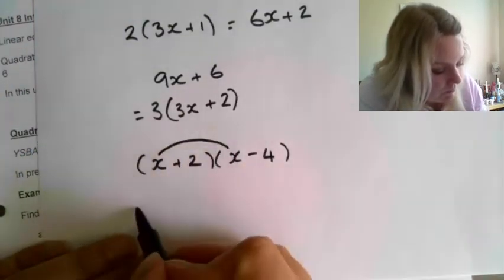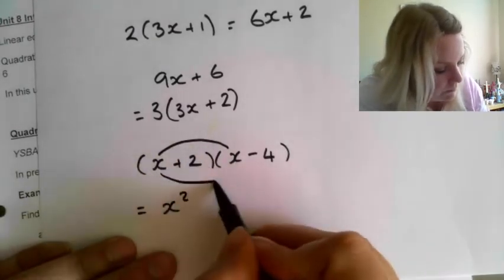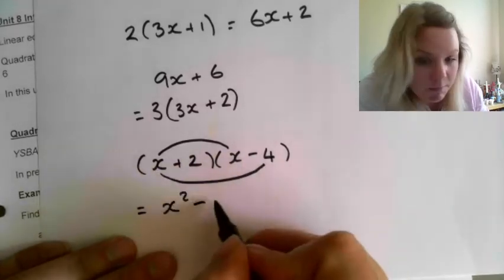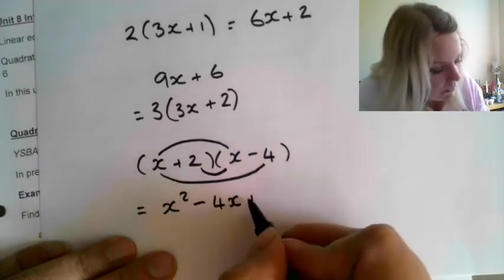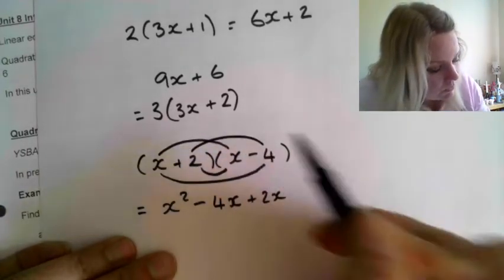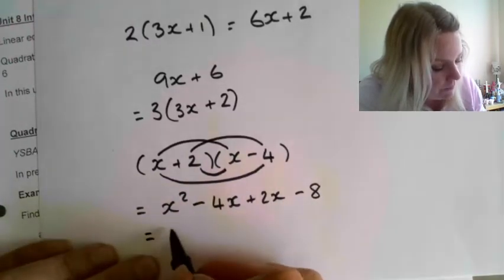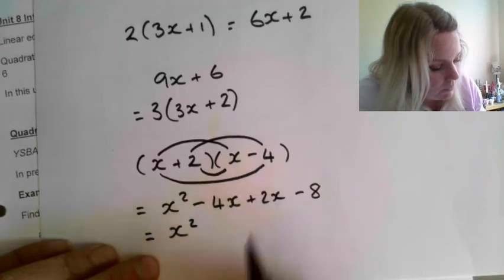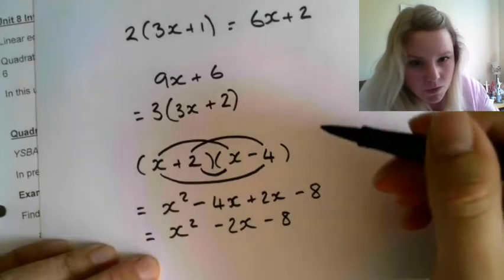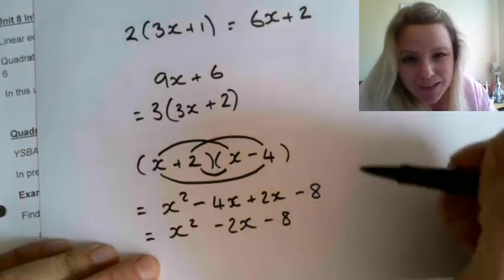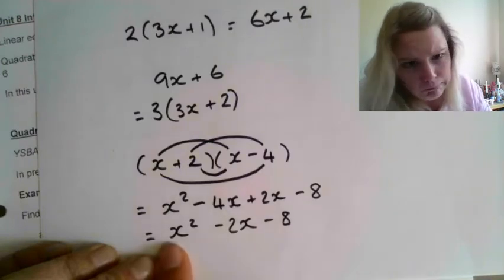So first, x multiplied by x gives me x squared, outer, minus 4 multiplied by x gives me minus 4x, inner, 2 multiplied by x gives me 2x, and last, 2 multiplied by minus 4 gives me minus 8. And then I can tidy these up. So x squared minus 4x plus 2x gives me minus 2x minus 8. So this here was us expanding the brackets. And do you notice what we've ended up here with?